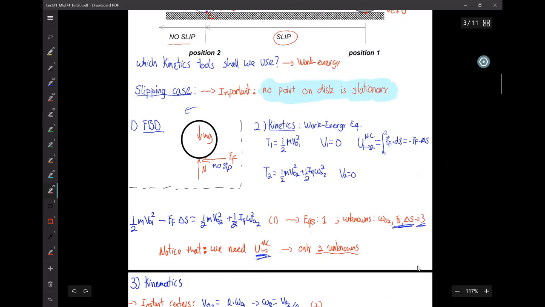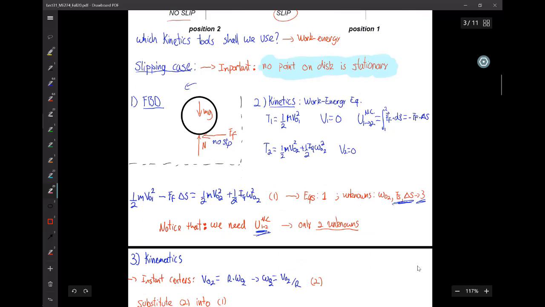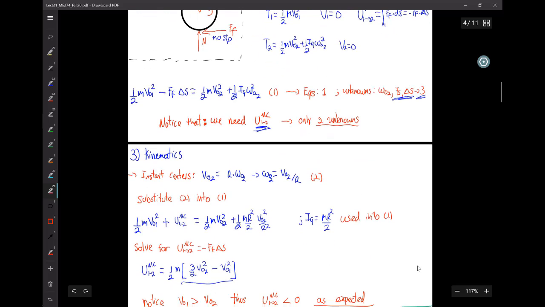But if I were one of you looking at this, I would feel that this is quite artificial. How is it that I can just push something and put no rotation on it, and then all of a sudden something happens, and then it starts to rotate and fulfill this no slip condition? So what I want to show is what's happening, or what can cause this to happen.